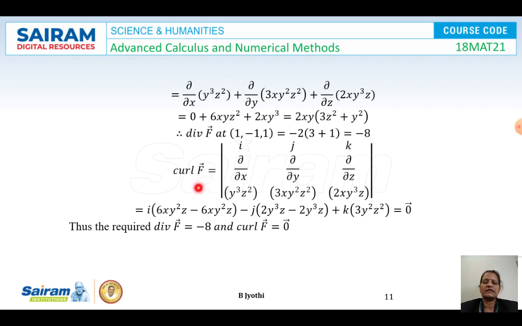Hence next is the curl f. For curl f, we will consider the determinant formula where the first row is i, j, k, the second row is dou by dou x, dou by dou y and dou by dou z, and the third row is the components of f.